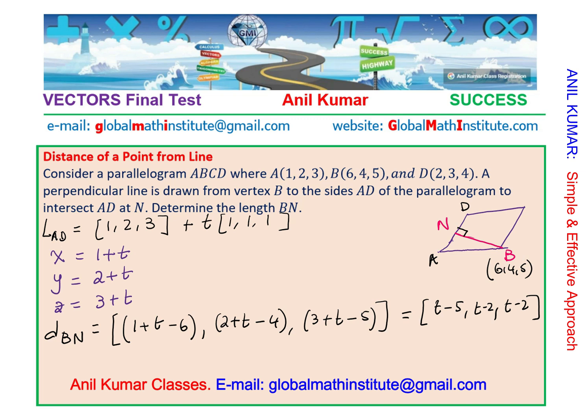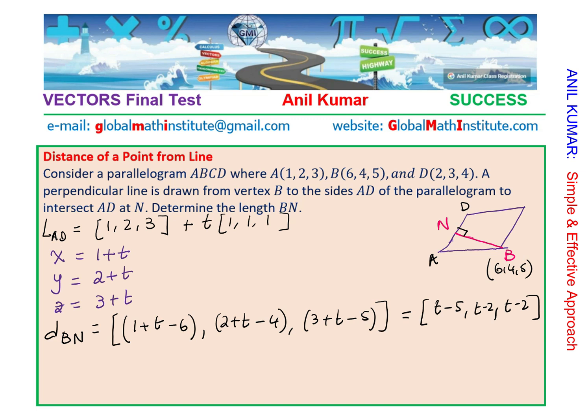Now, the direction vectors which we have now looked into: direction of BN dot direction of AD. So the dot product of these vectors should be equal to 0 since they are perpendicular. So that is the whole idea.